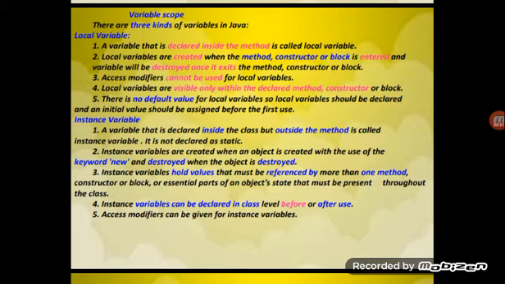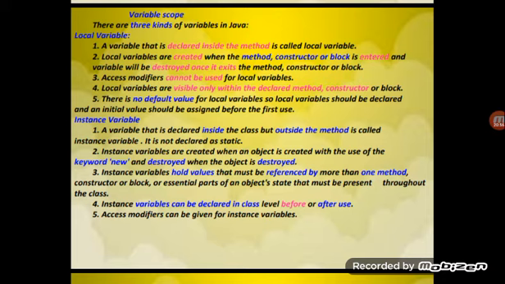Local variables are created when the method, constructor or block is entered, and the variable is destroyed once it exits the method, constructor or block.